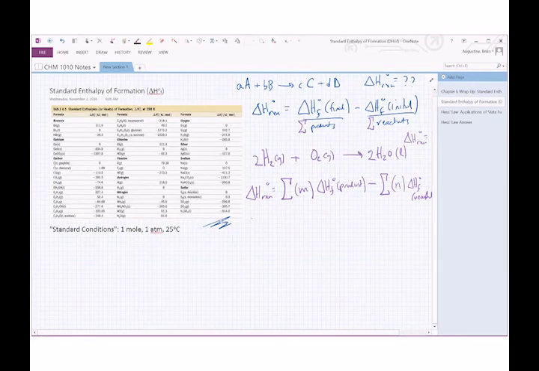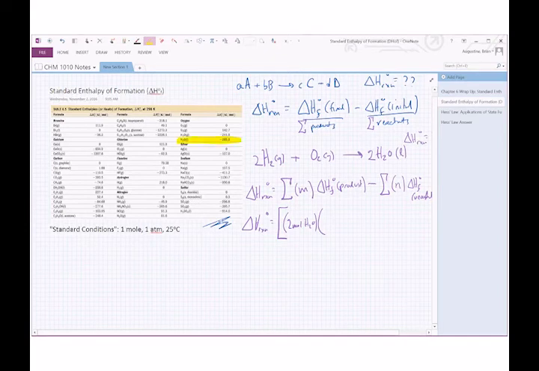Okay, so let's write it for the equation I've just written. Delta H of reaction is equal to, I usually do these in big brackets, 2 moles H2O times, now what you've got to do is look up H2O liquid. This comes from the table.